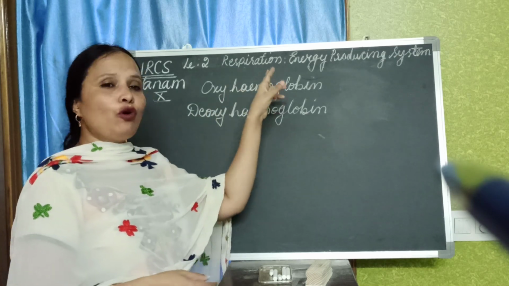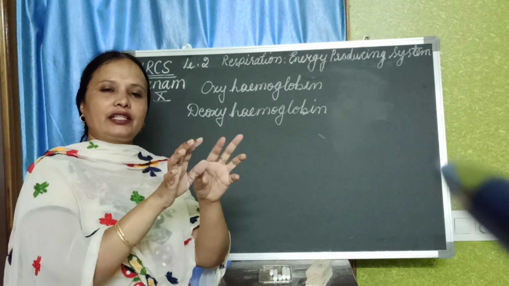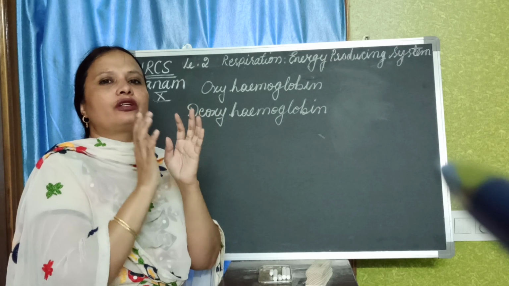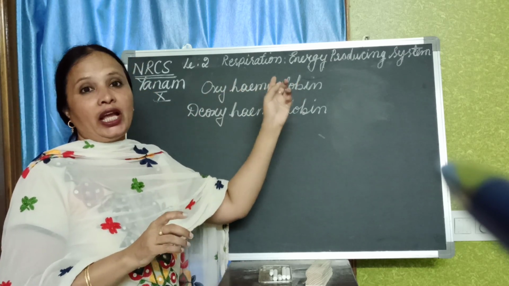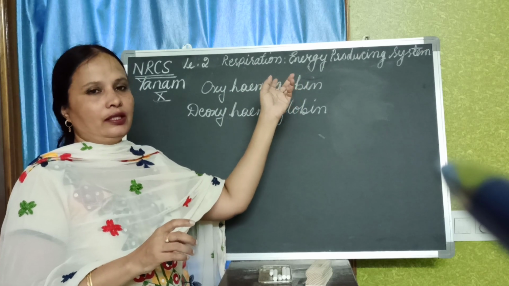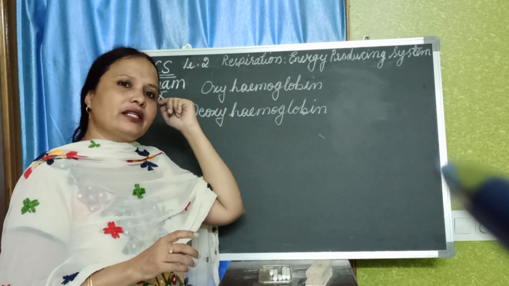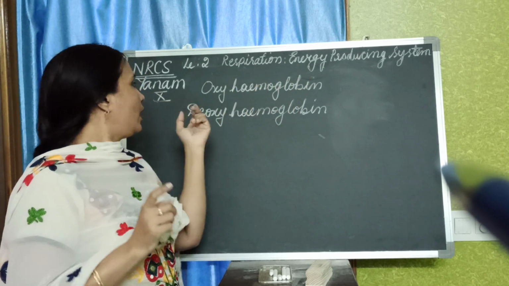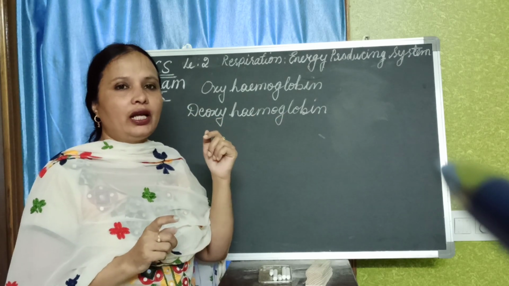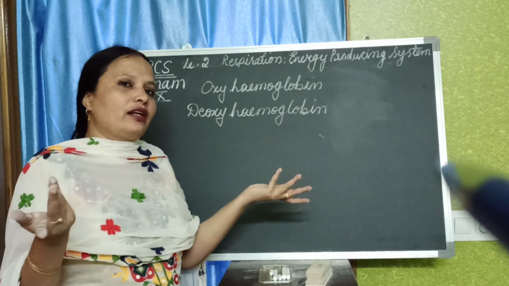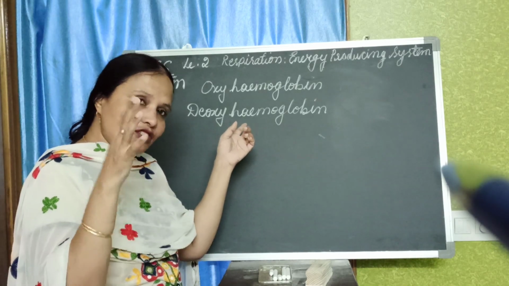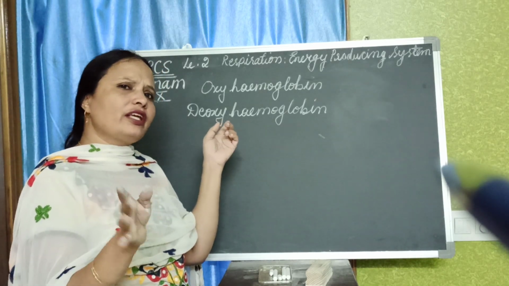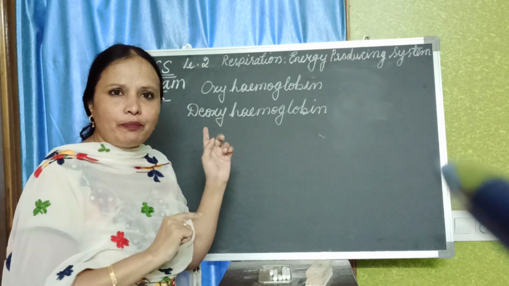If the hemoglobin has maximum oxygen molecules connected, then we call it oxyhemoglobin. It is rich with oxygen. Maximum you see this in arteries except the pulmonary artery. And deoxyhemoglobin, here oxygen is not there. If oxygen is not there, there should be something else, that is carbon dioxide.